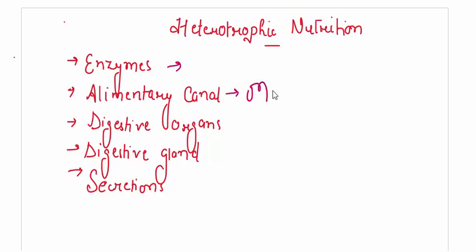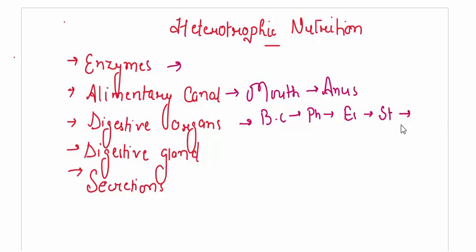It starts with the mouth and ends with the anus. After that, we discussed the digestive organs, and in the right hierarchy: first the buccal cavity, then pharynx, then esophagus, then stomach, then small intestine, then large intestine. We have also seen the categorization of the small intestine and large intestine.